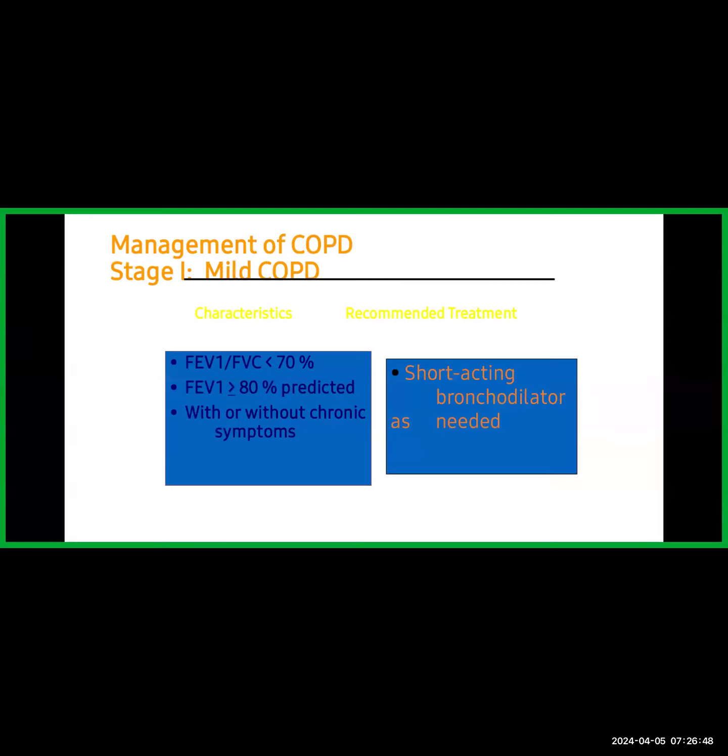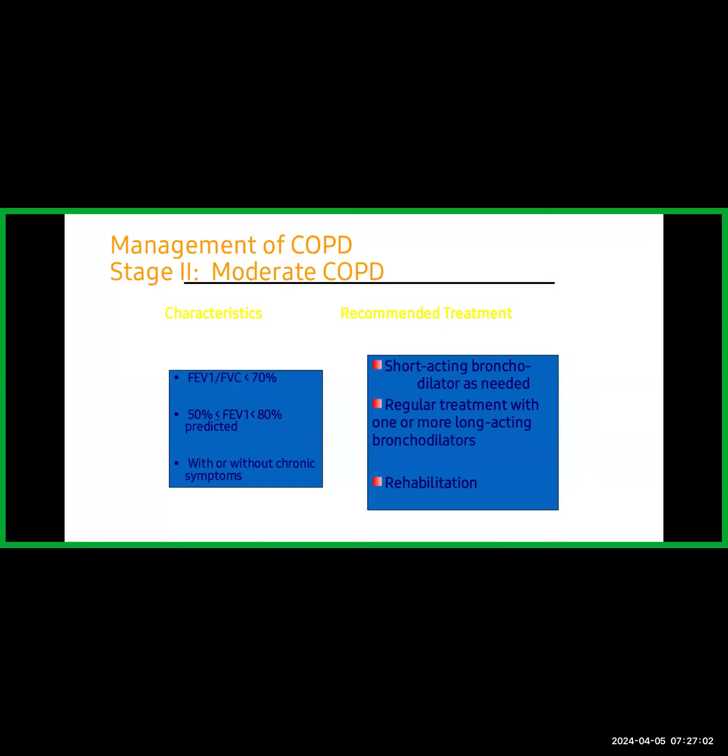Stage 1, as we highlighted by the GOLD criteria, these are the kind of patients that can be started on short-acting bronchodilator therapy, meaning they need more of relievers if they took care of other risk factors. For stage 2, apart from the relievers, they also need to be placed on one or more long-term bronchodilators, which are preventers.